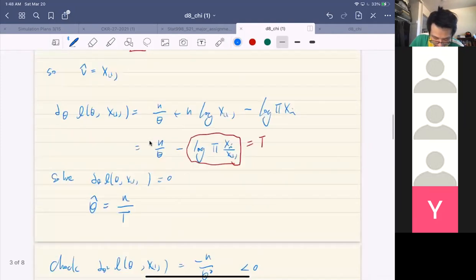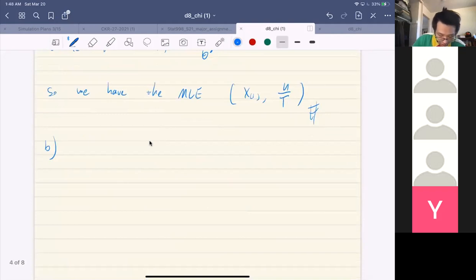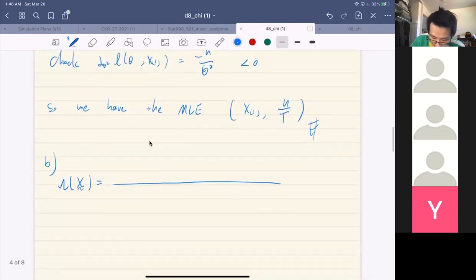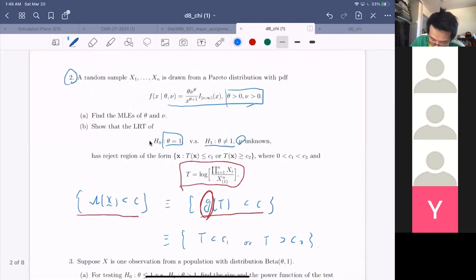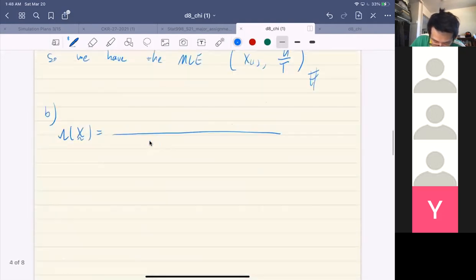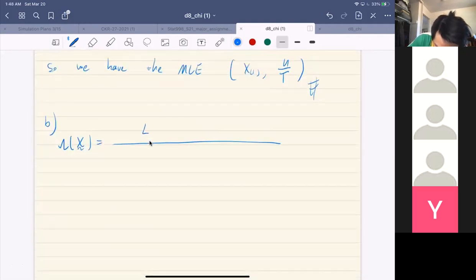So the numerator is plugging in theta equal to 1 and V equal to the smallest value.